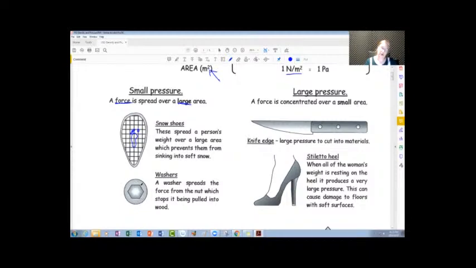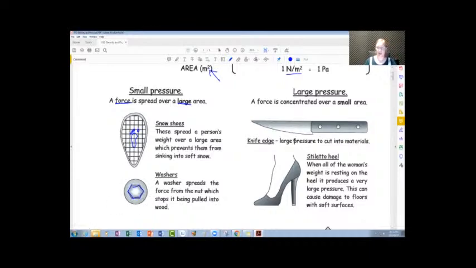Now, a washer around a nut, if you turn a nut into wood, spreads the force from the nut so that it doesn't push against the wood on these lines and damage the wood. It spreads out the force over a bigger area.